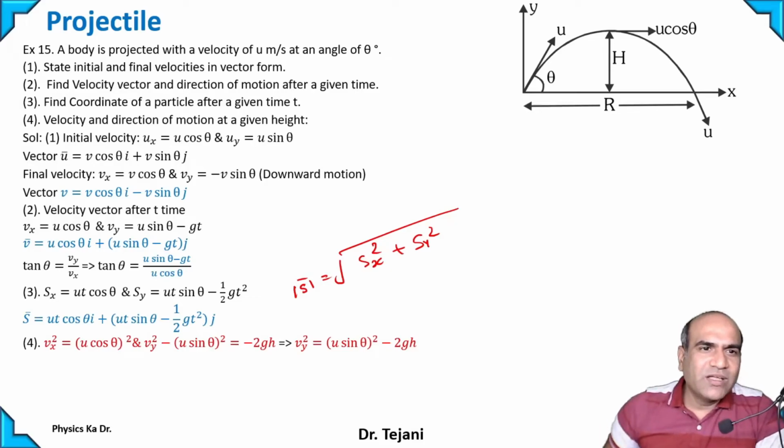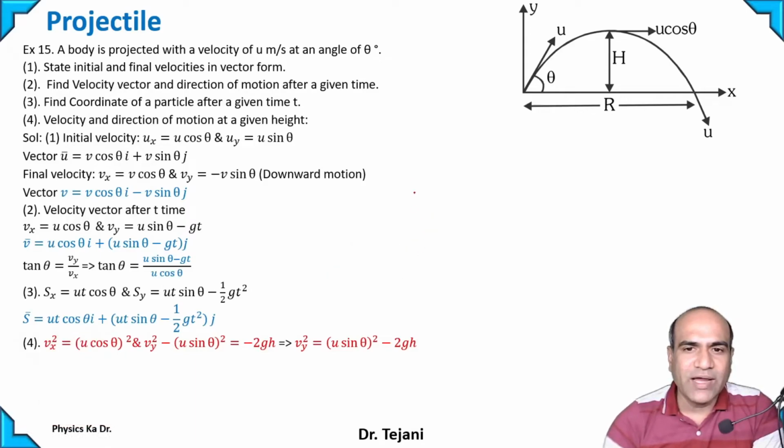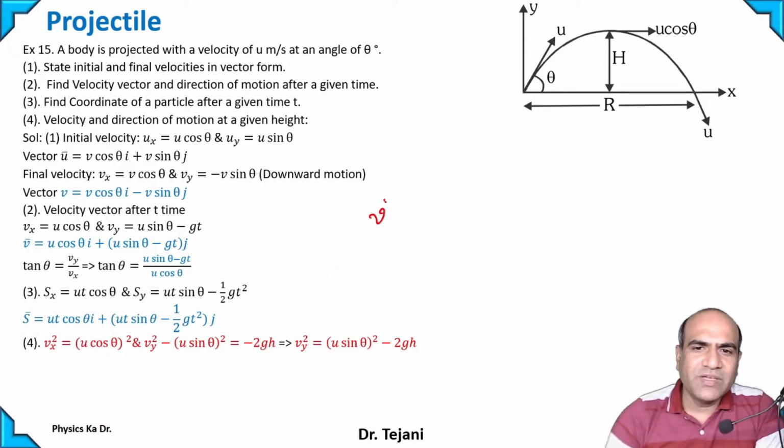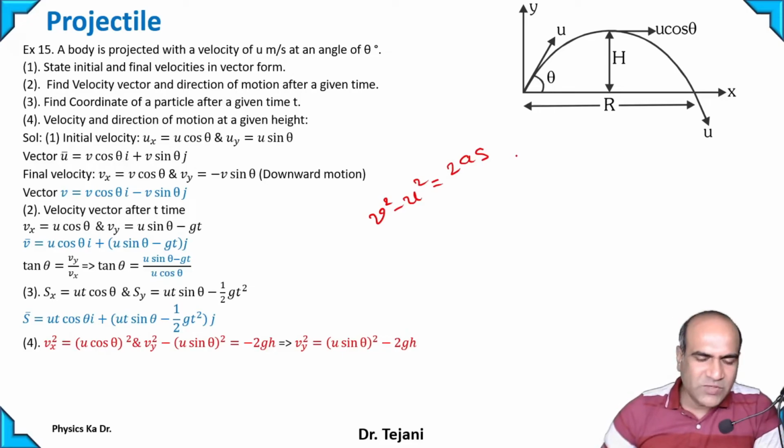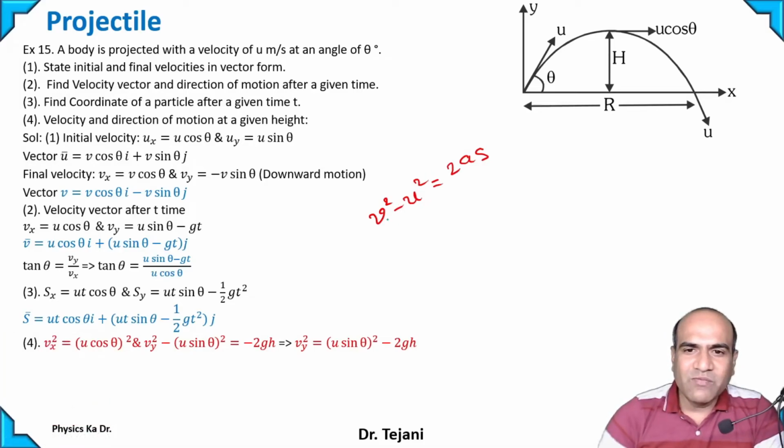And the fourth one, velocity and direction of motion at a particular height. For height, we have the equation v squared minus u squared is equal to 2as. We have to be ready with all the possibilities. So here, Vx squared minus Ux squared is equal to 2as.